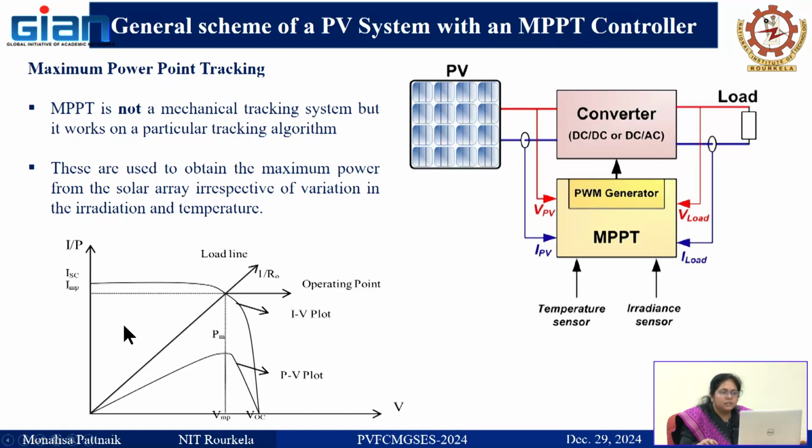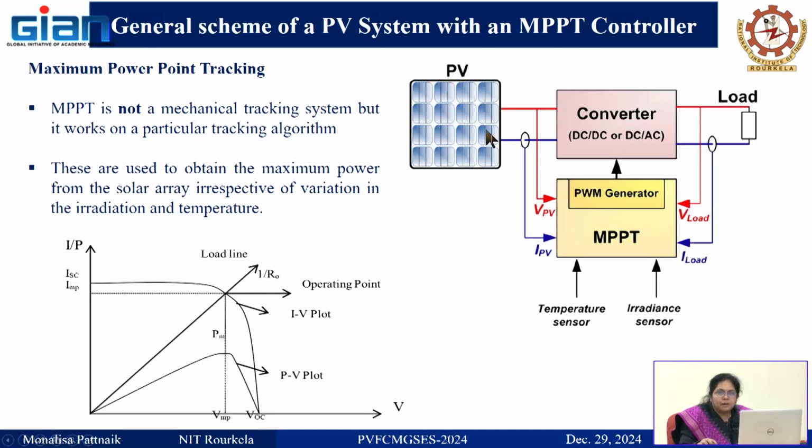But coming to the characteristics, if you see this IV and PV curve which is merged here, this is the IV curve. This is the load line. Depending on your load variation or operating condition, it will shift between this part and this part.